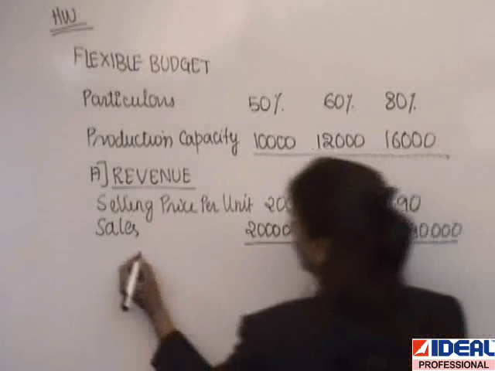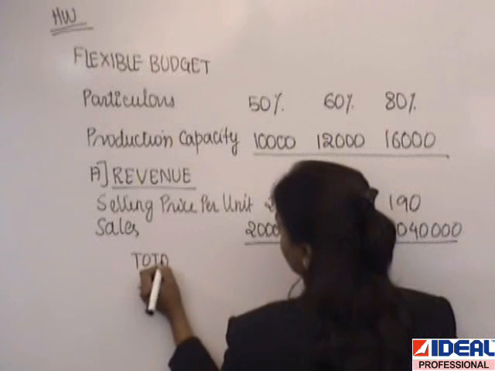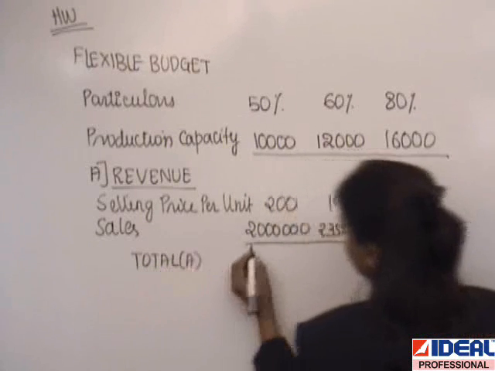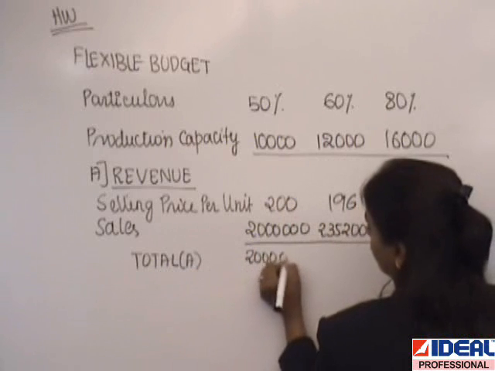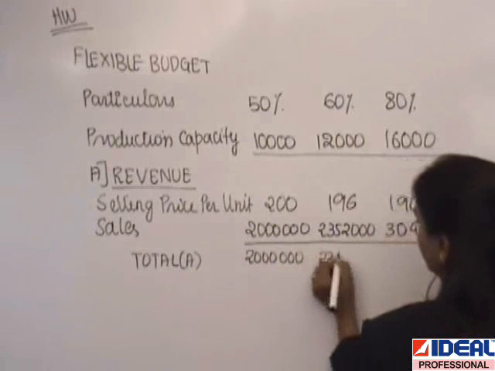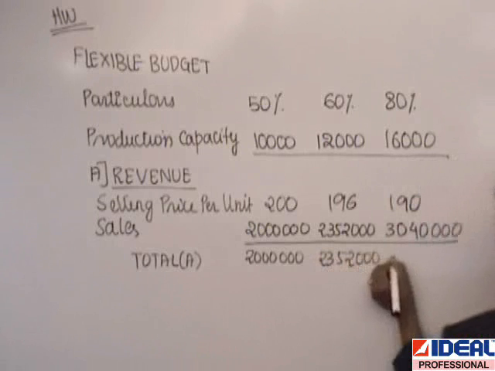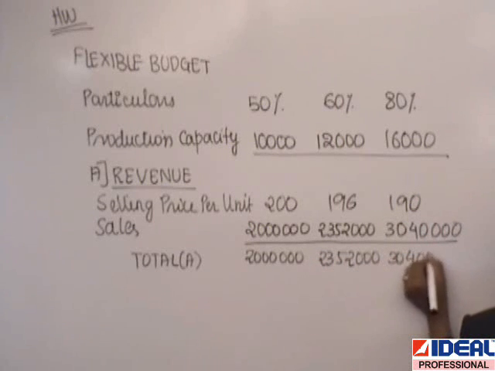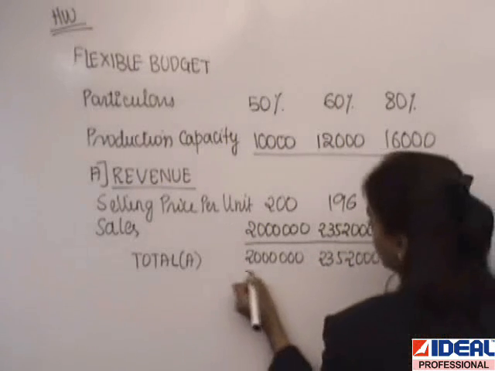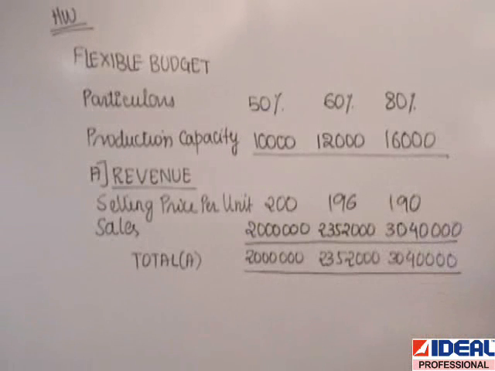So how much is the total? 20 lakhs, 23 lakhs 52,000 and 30 lakhs 40,000. This is the total revenue, students.